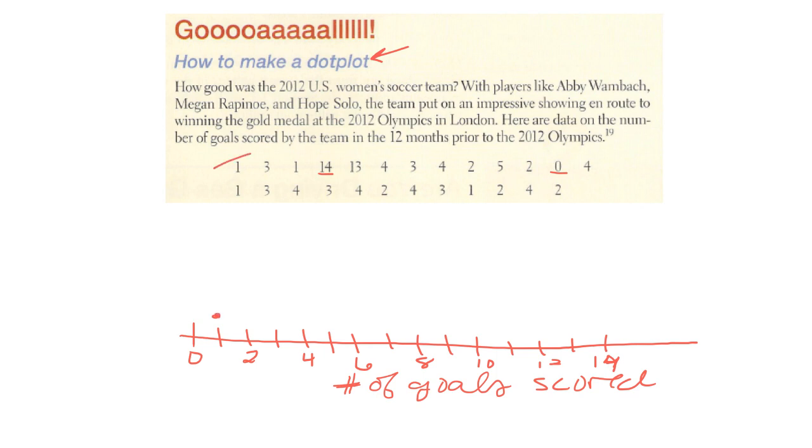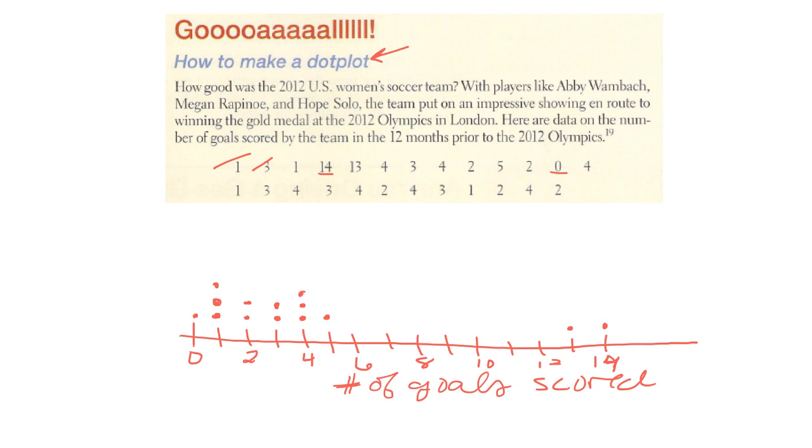So for instance, 1, and then 3, and then a second one, I just put it right on top of the first one. And then a 14, and a 13, and a 4, and another 3, and a second 4, 2, 5, a second 2, 0, a 4.